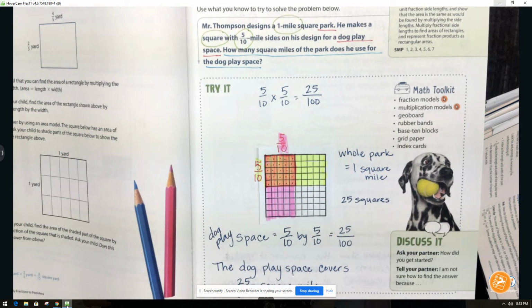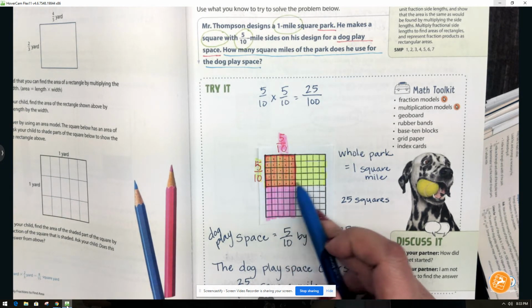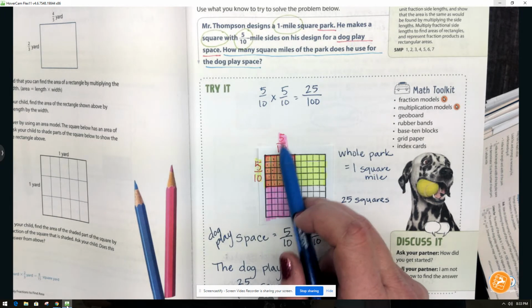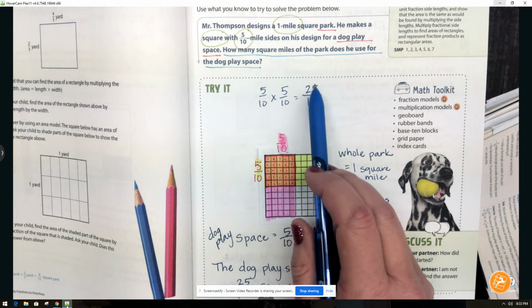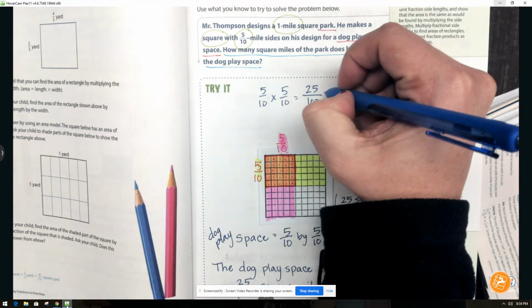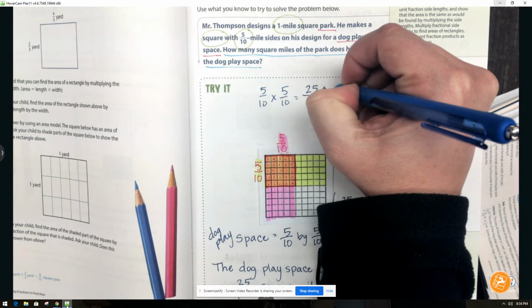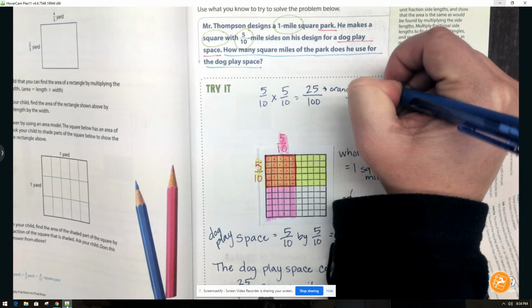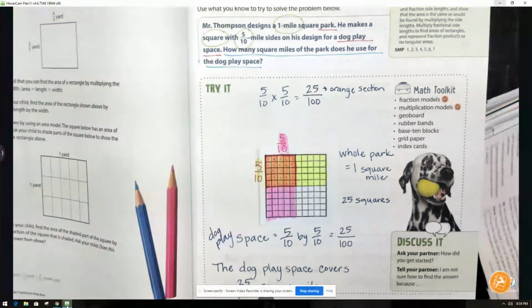As you can see, the overlap, the section that we already counted, is the product of 5/10 times 5/10. The numerator is the orange section. In this case, it's orange because the pink and the yellow overlapped.